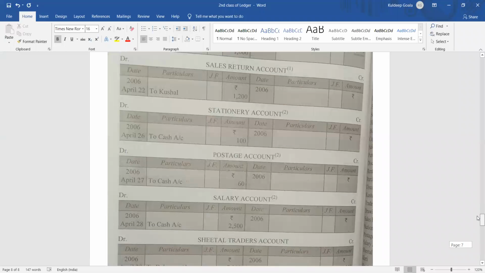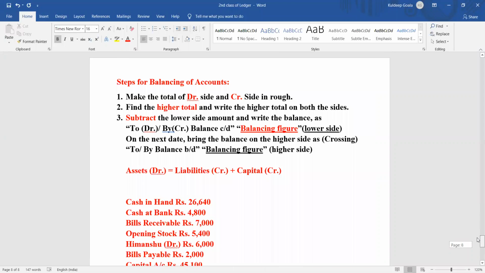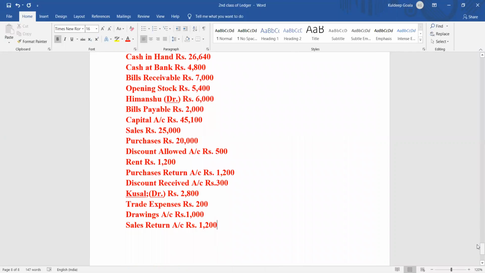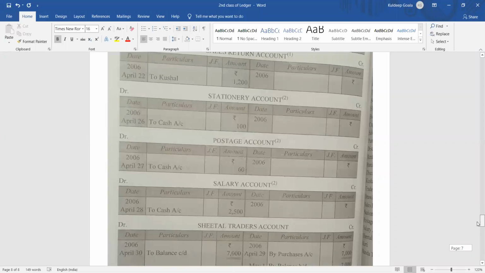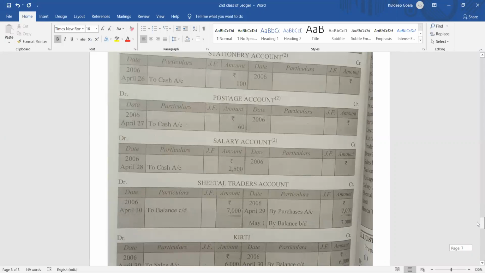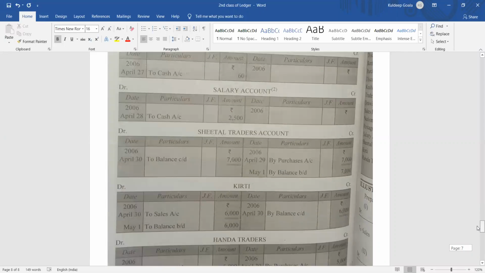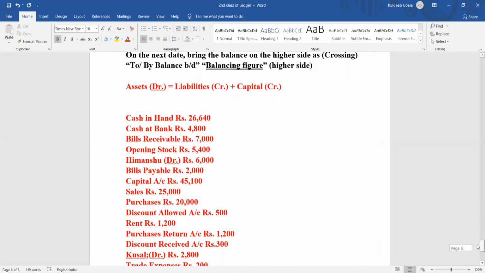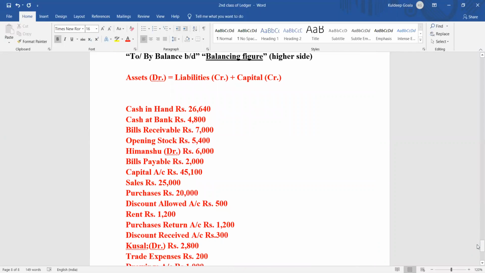After sales return account, it is stationery account 100, right? So stationery account rupees 100. Then postage account 60.